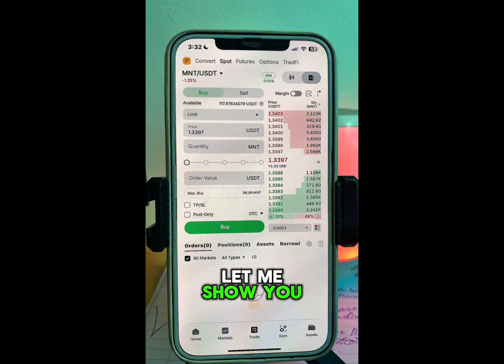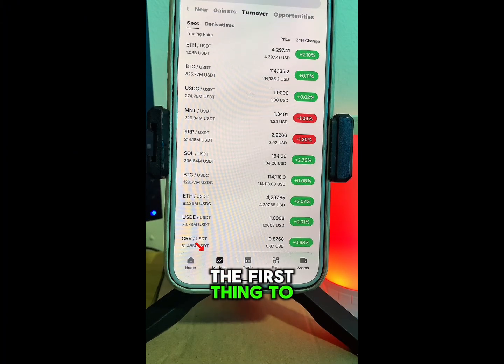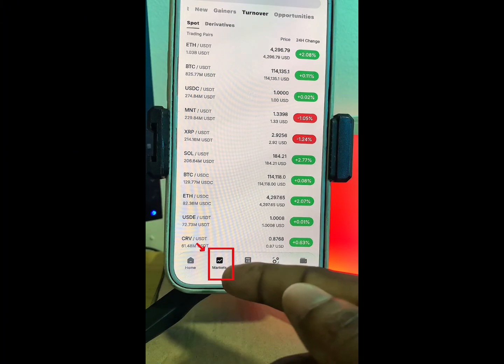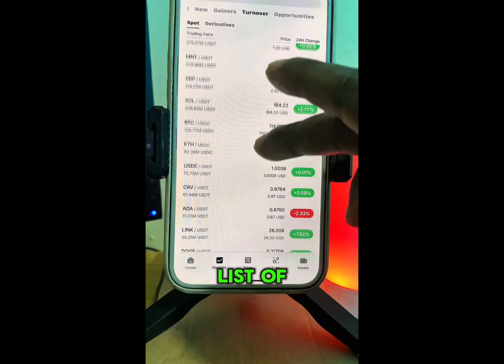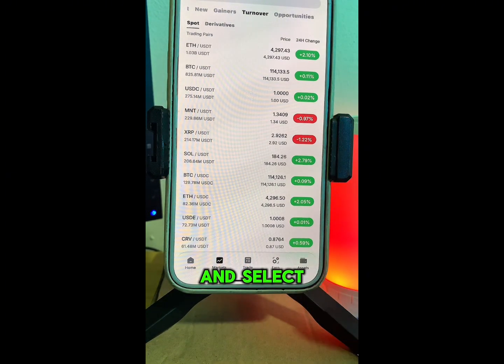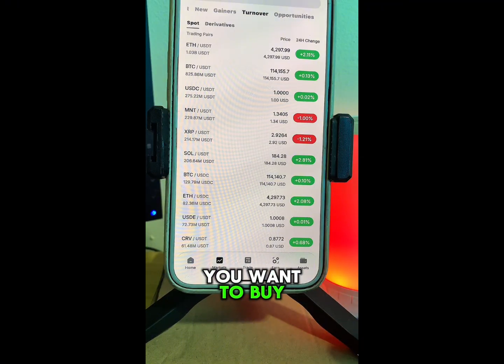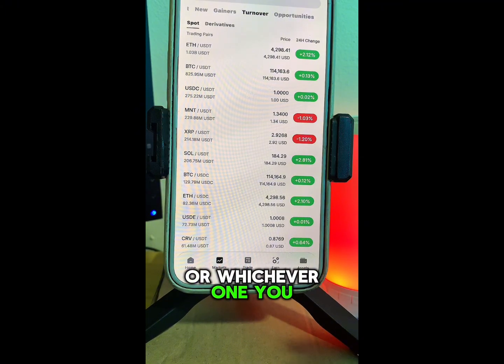Let me show you how you will be able to buy an asset and sell an asset for profit. The first thing to do is to click on the markets button here and scroll through the list of assets and select whichever one you want to buy or whichever one you want to trade.